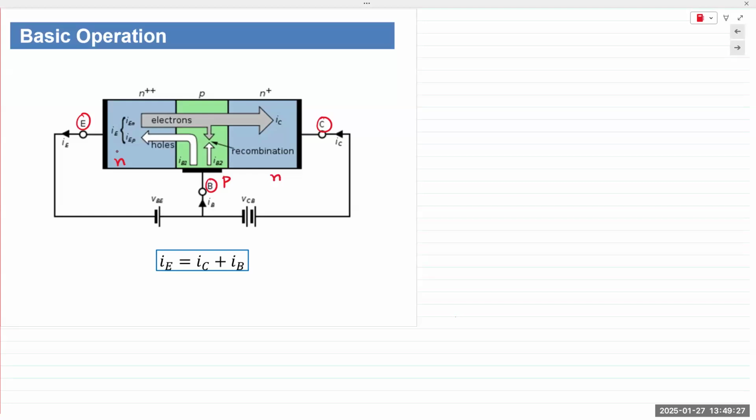So at that point, if we now apply a positive voltage to the collector, these electrons are attracted by the positive voltage, and they cross over the base region into the collector.